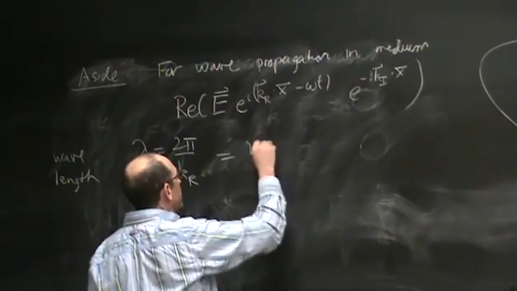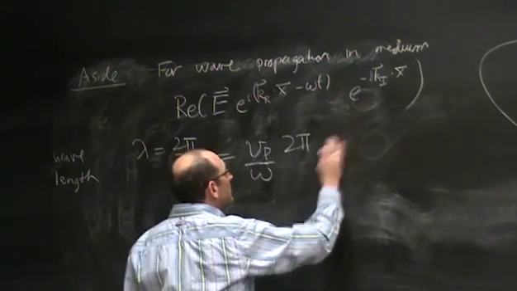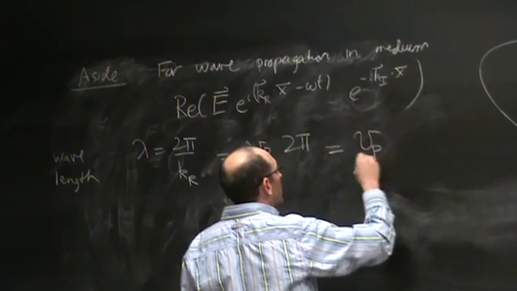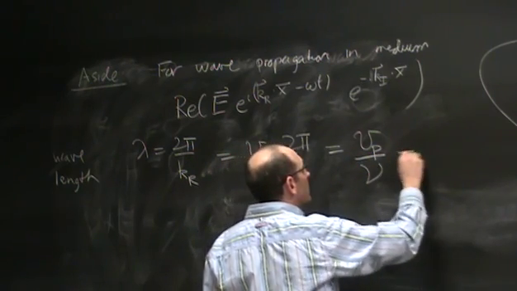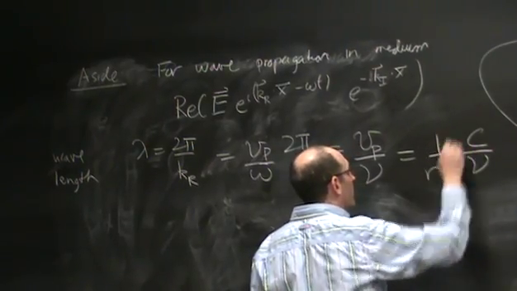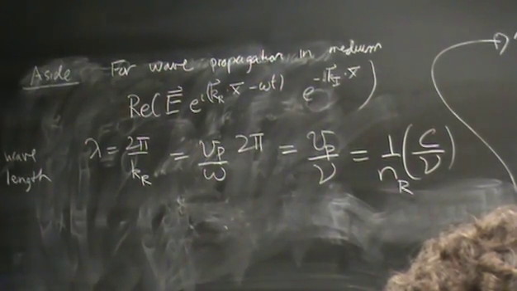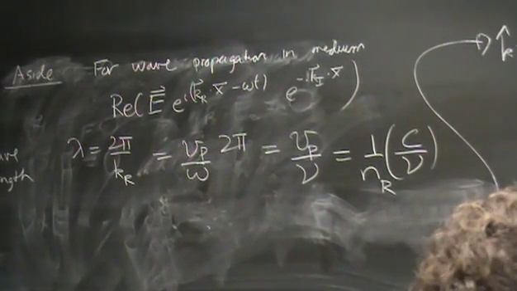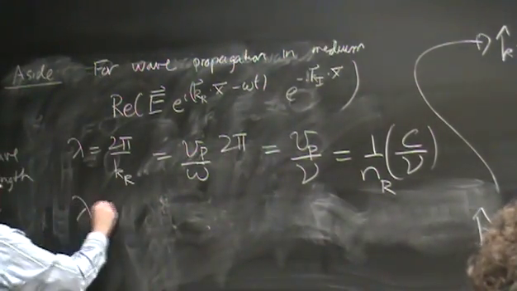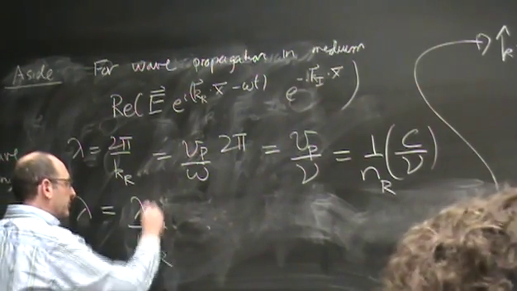So that was right. Phase velocity over omega times 2 pi, which is the phase velocity over nu, which is c over nu times 1 over the index of refraction, the real part. So the wavelength inside the medium is related to the wavelength in vacuum by the index of refraction.